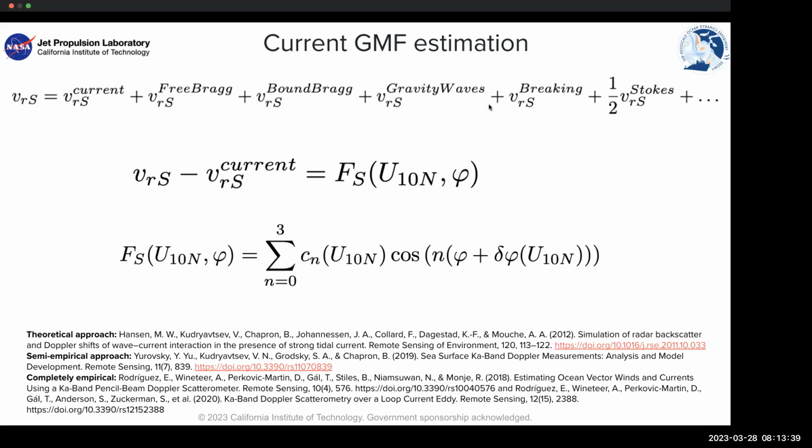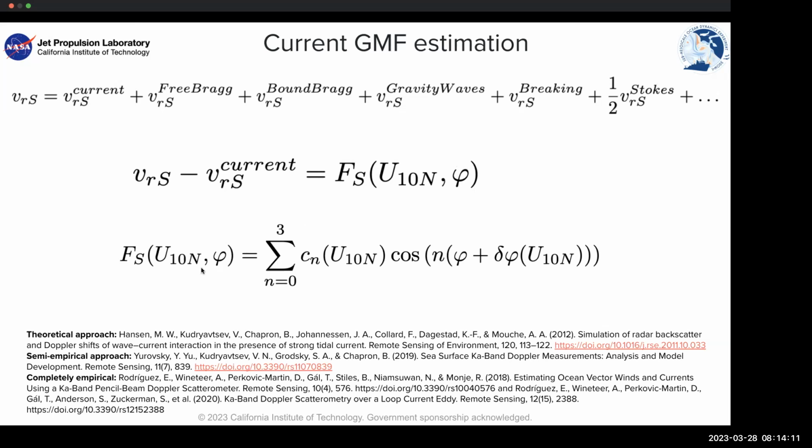So in order to make progress, I've just taken the bull by the horns and said, well, the difference between what we measure and the true surface current is some unknown function, which I'm going to call F sub S. And we're going to assume that it's a function of the neutral winds and a function of the direction relative to the wind direction. And that's a very bold assumption. We have to see whether it's right or not.